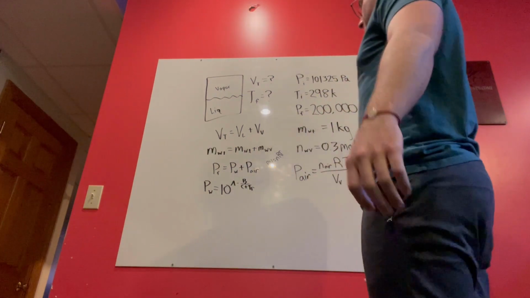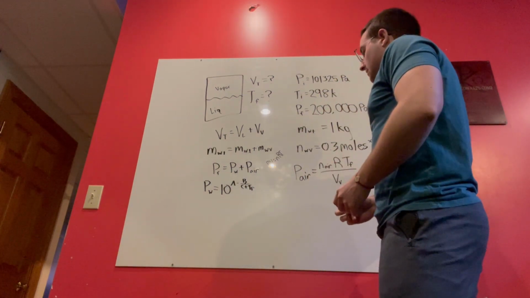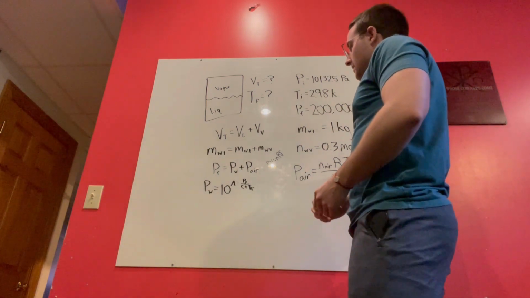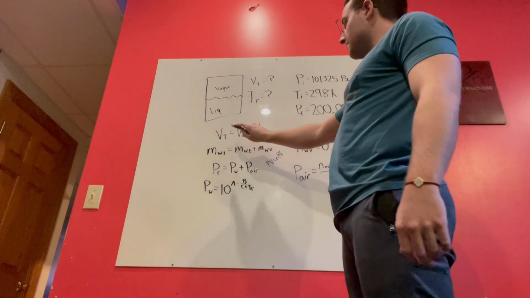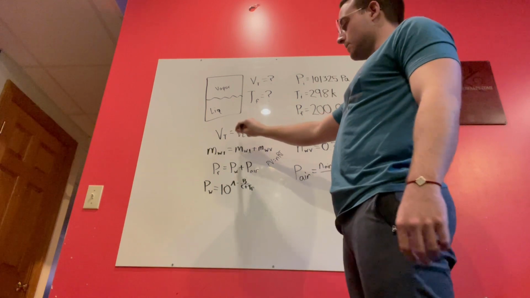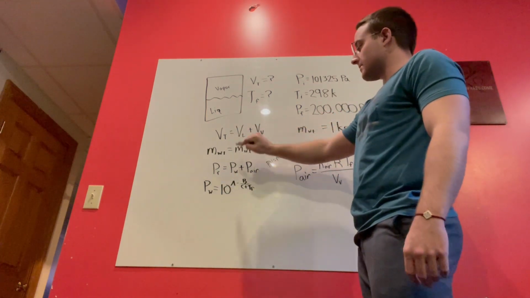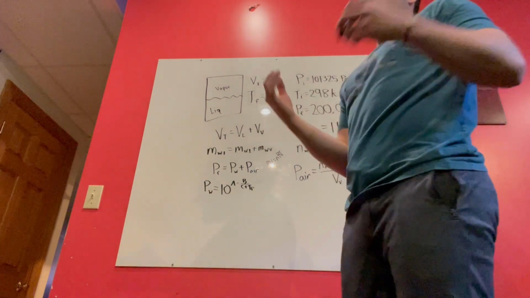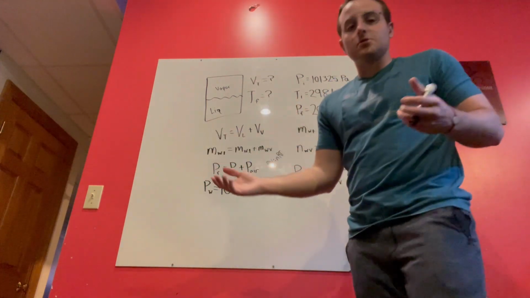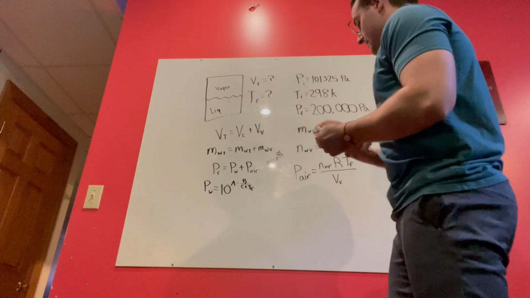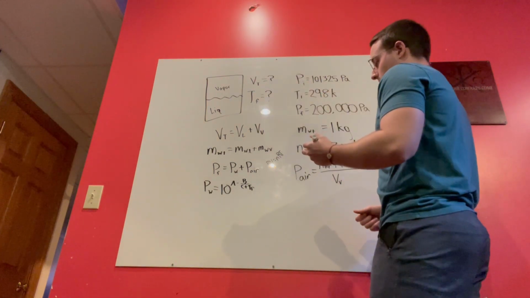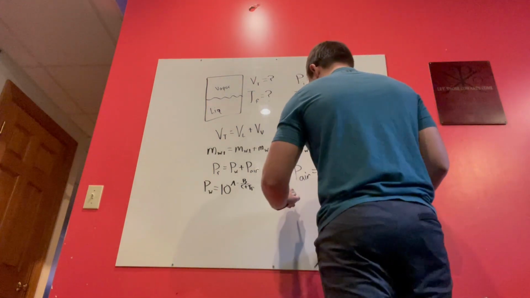And another equation that'll help us out a lot here is one that involves the volume of the liquid, or the water in the liquid phase, and the mass of the water in the liquid phase. And obviously you can just use the density formula for that. And so we're going to write that down here.